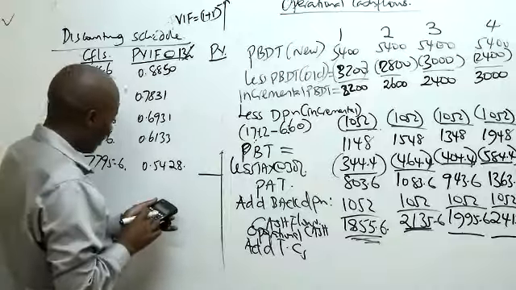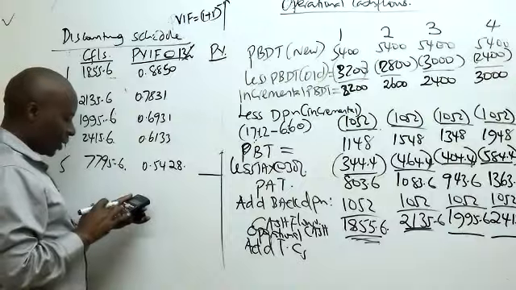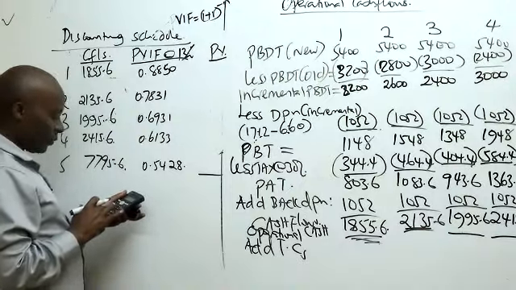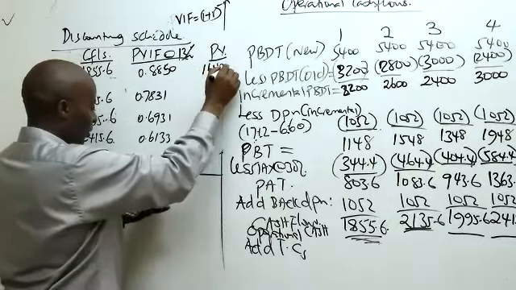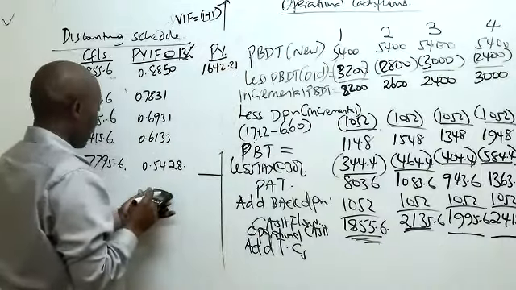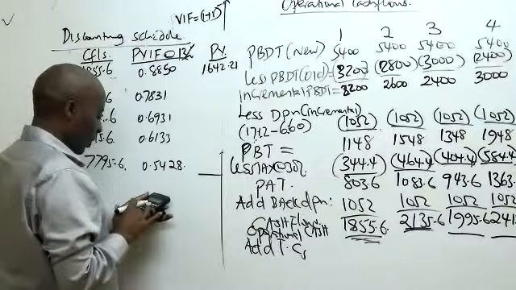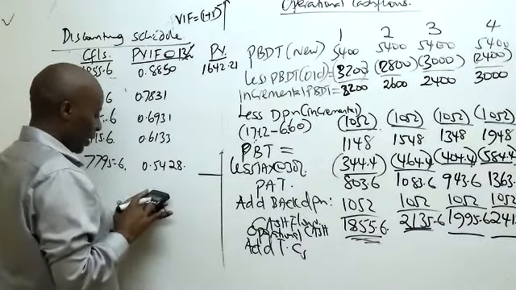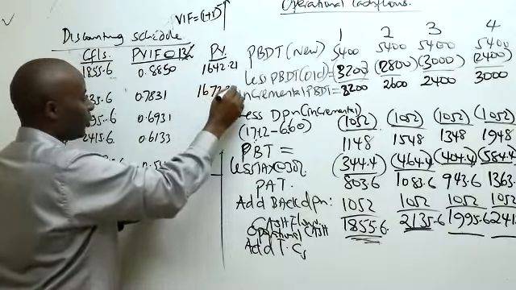Now multiply this very fast. The first one, 1855.6 times 0.885, gives us 1642.21. Then 2135.6 times 0.7831 gives us 1672.39.